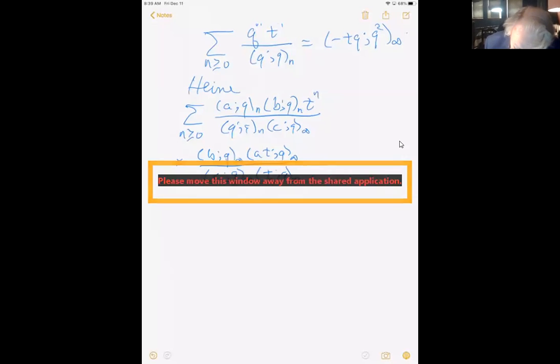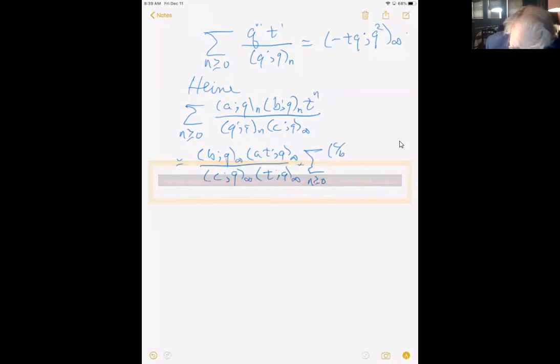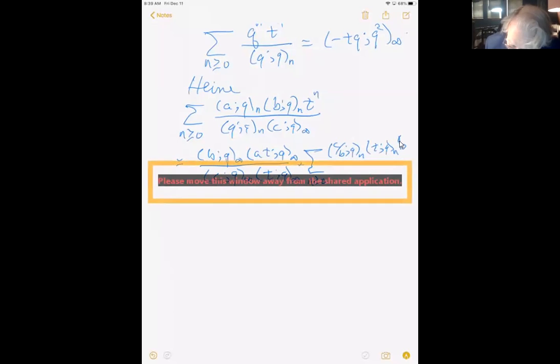And now this times the summation n greater than or equal to 0 of c over b q sub n t q sub n b to the nth power q sub n a t q sub n.